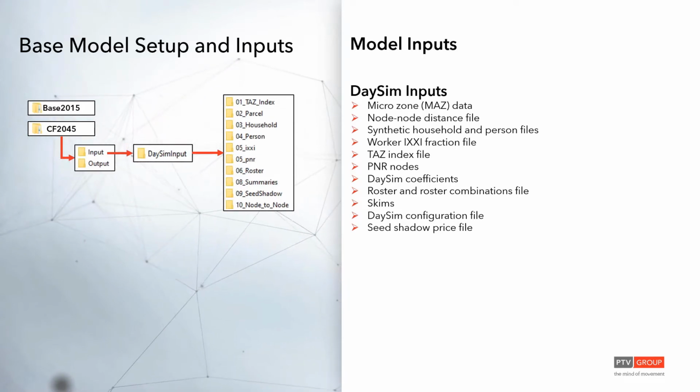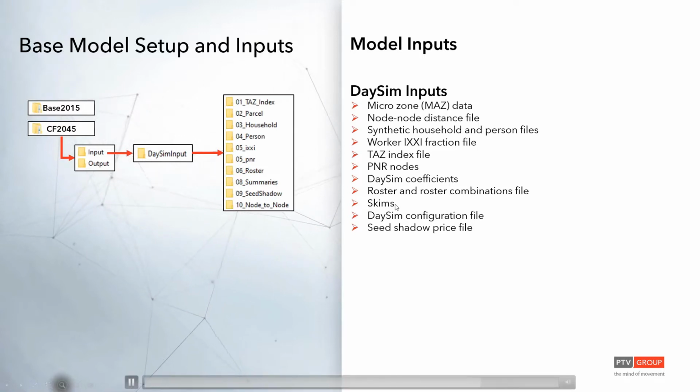So we are not going to cover all the DaySim settings in much detail, but if you are interested, you can go to the DaySim user guide, which might provide you more information with what exactly these files are and how you can configure them.